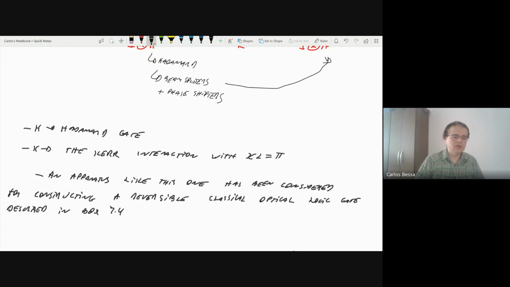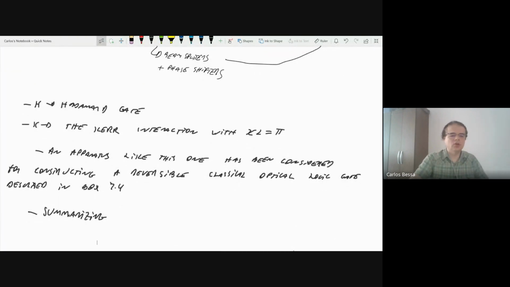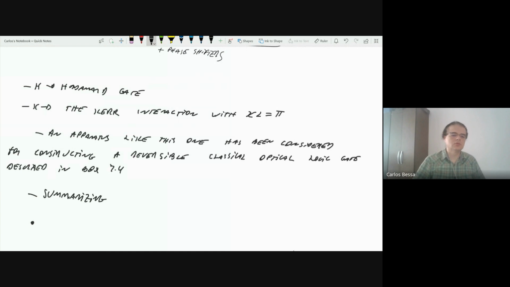So just summarizing this part. A CNOT gate can be constructed from Kerr media, nonlinear media, right?